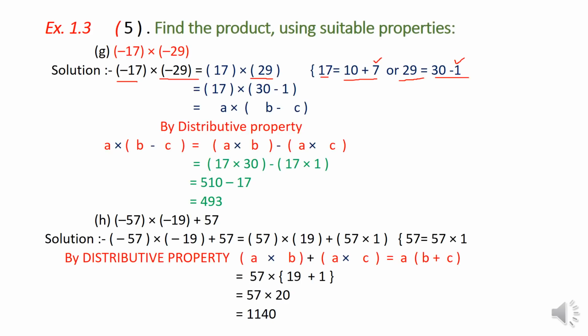So, this 17 multiplied by 29, we can write as 17 multiplied by 30 minus 1.